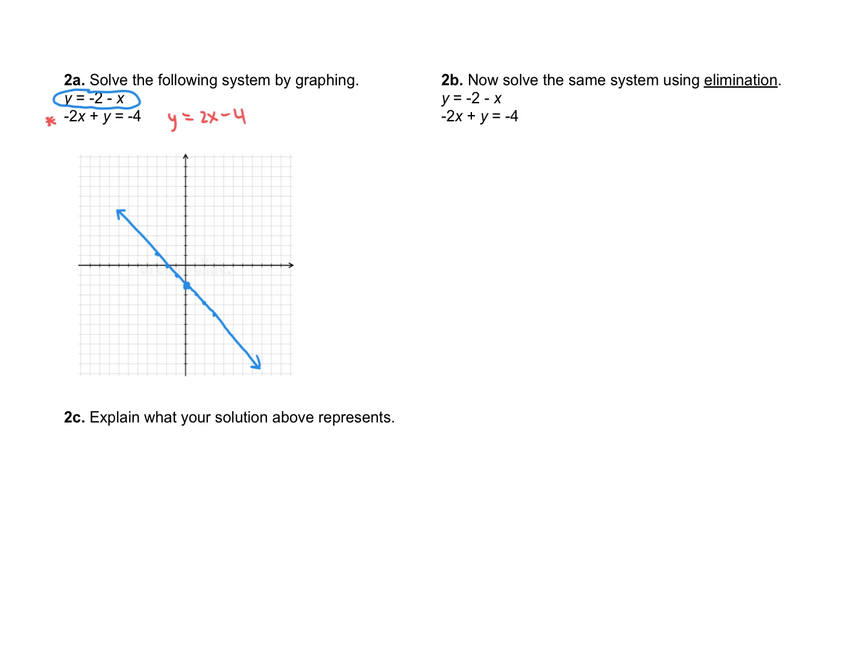You start at -2, and then go down 1 and over 1. We're graphing the one in red, 2x minus 4. Start at -4, okay, and then go up 2, and then over 1. We get something like this.